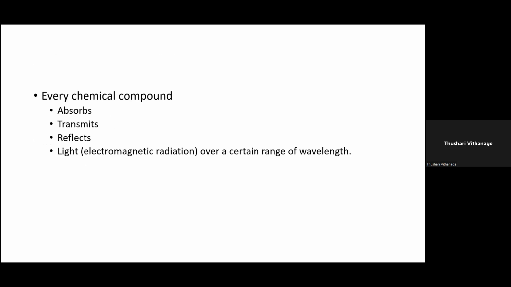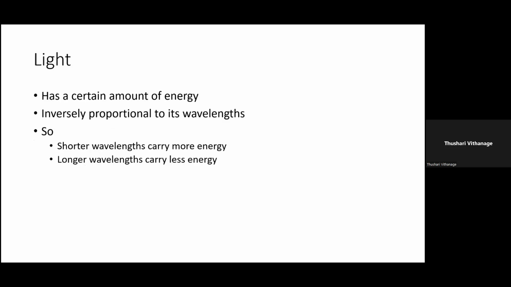Every chemical compound absorbs or transmits or reflects light over a certain range of wavelength. When we consider light, it has a certain amount of energy which is inversely proportional to its wavelength. So, shorter wavelengths carry more energy and longer wavelengths carry less energy.